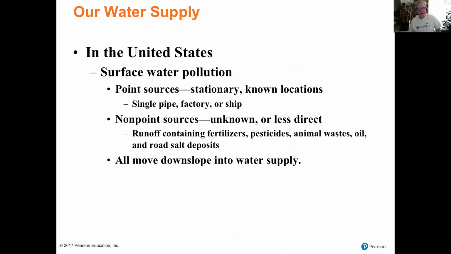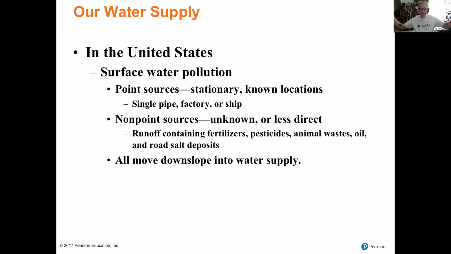Now, one thing that we're very concerned about is surface water pollution. And that can be point sources, which are stationary known locations like factories or single pipes, for example, or it can be what we call non-point sources, where it's less direct. That includes runoff that will have fertilizer, pesticides, animal waste, and so forth, and in the winter, road salt deposits.